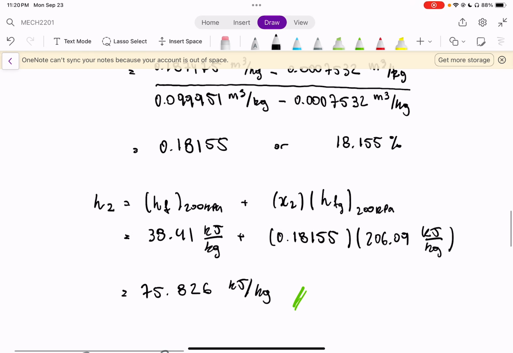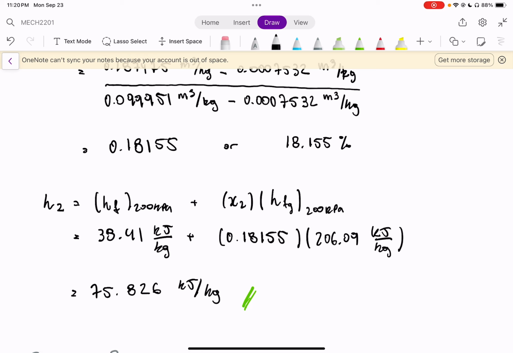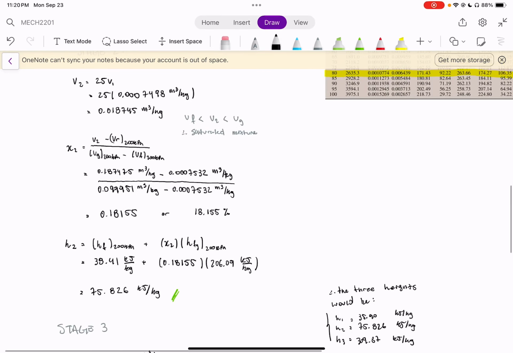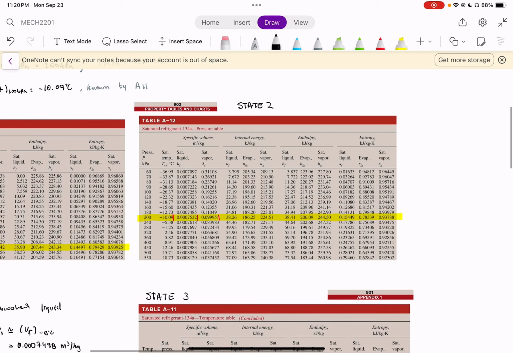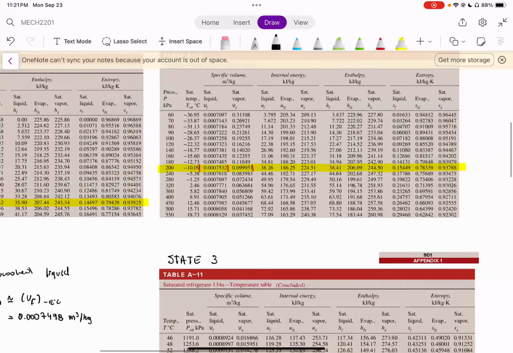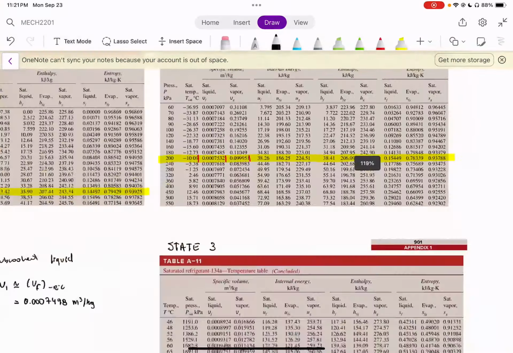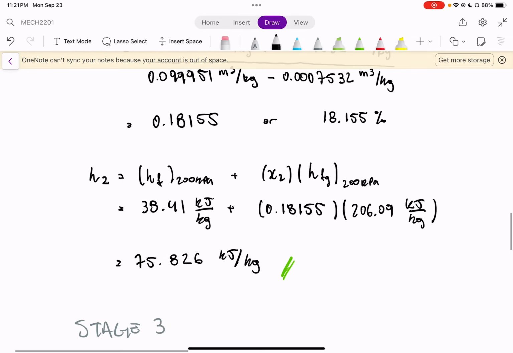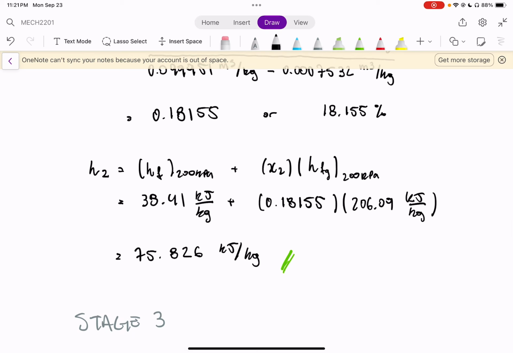Then we have h2 equal to this formula here, which is hf at 200 kilopascals plus the ratio that we just calculated for the mixture times hfg at 200 kilopascals, which is then yet again given by table A-12, because 200 kilopascals is right here, and these are all the values that we're going to be using. Once we compute all these calculations, we get 75.826 kilojoules per kilogram, which is h2.